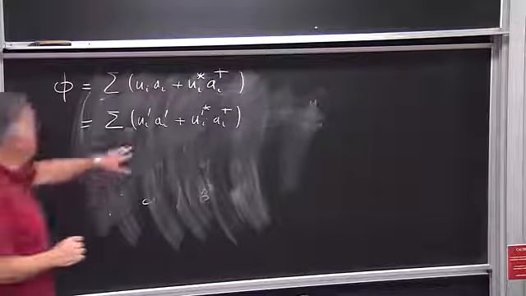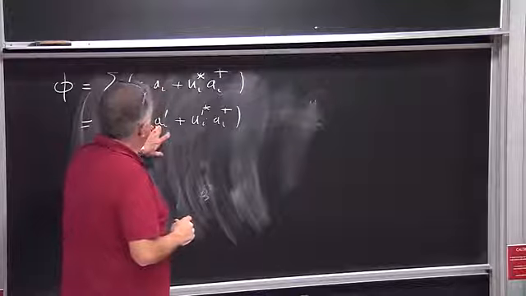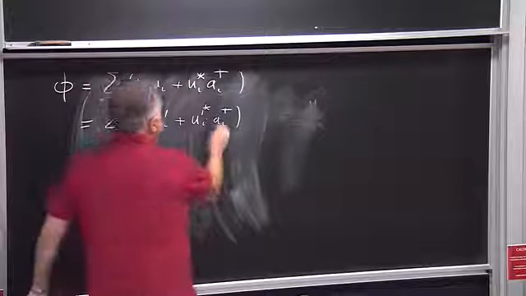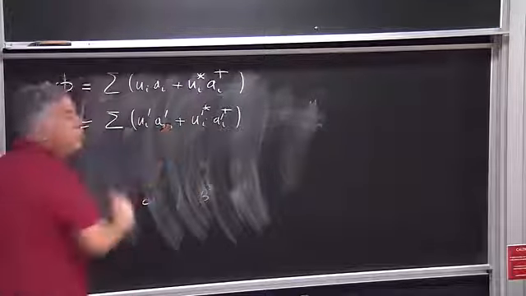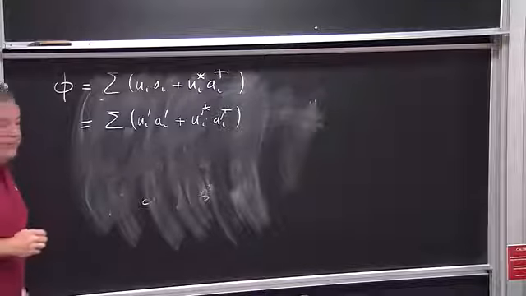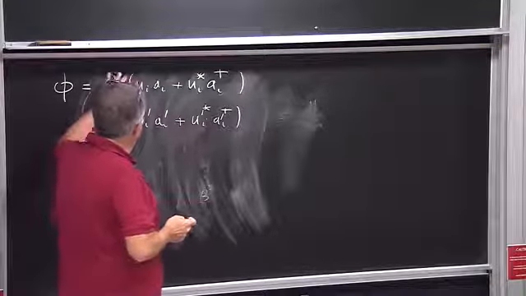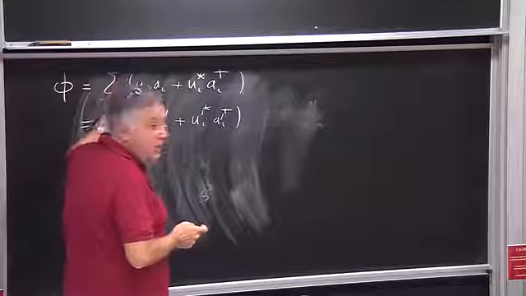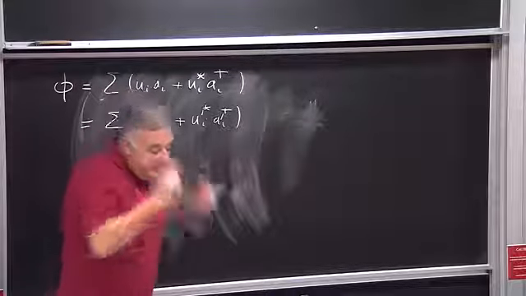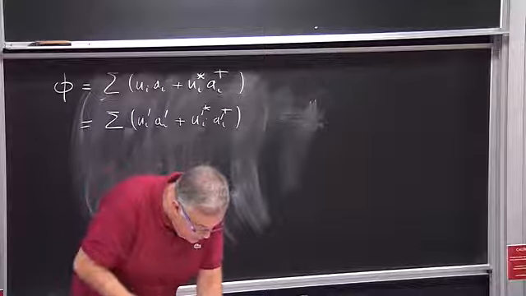So what is the combination of the a that produces the a prime in such a way that these two expansions are the same thing? It's just that you act by transposition.